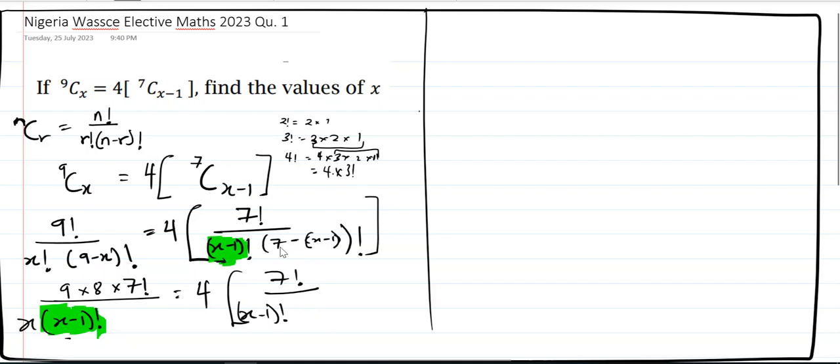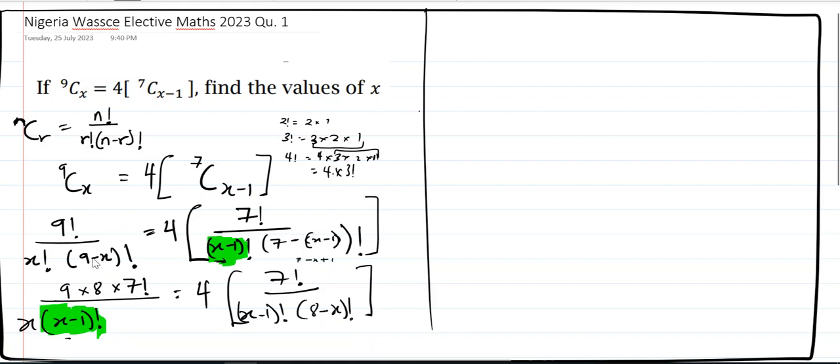Now let's simplify this. When you simplify this one, this becomes 7 minus x plus 1, right? So everything here gives you 8 minus x factorial. I hope we get it. Now we know that when you expand the 9 minus x, it's the same idea. You subtract 1 from the whole expression here.